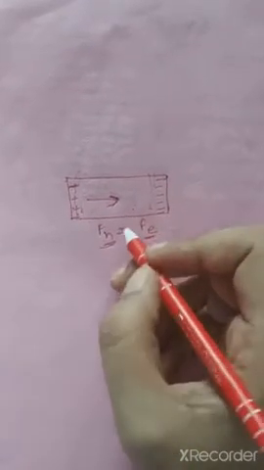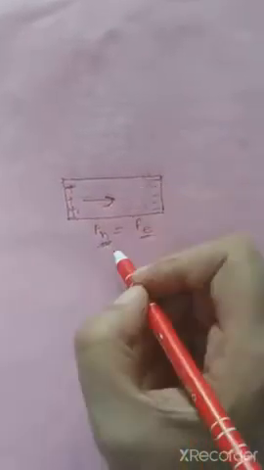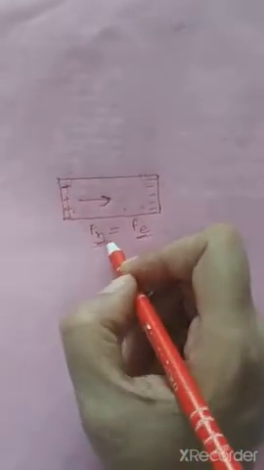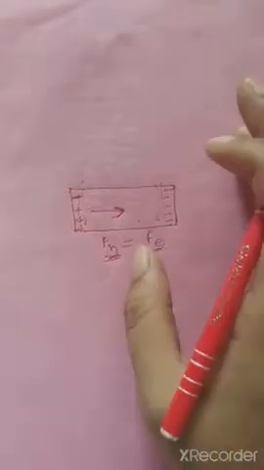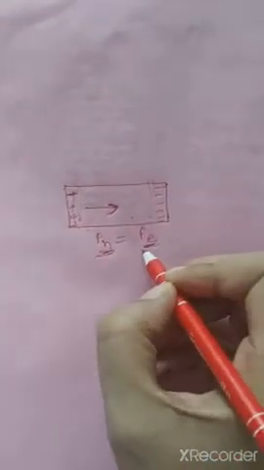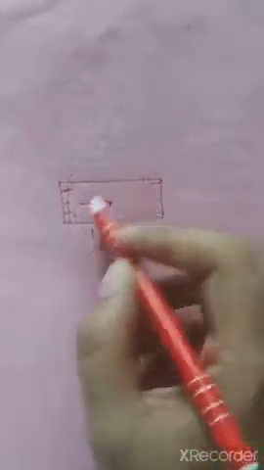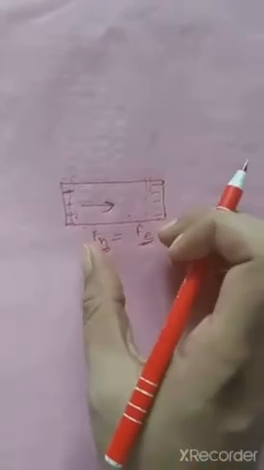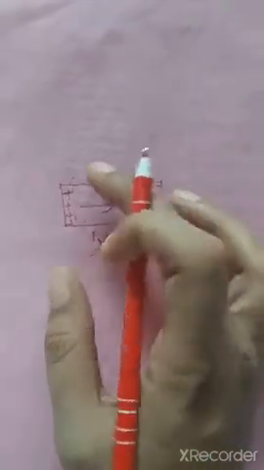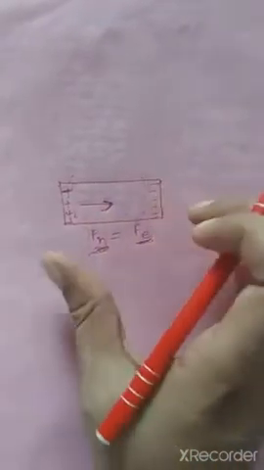So when the magnitudes of these two forces become equal, the accumulation of charges will stop. Is it clear? When the non-electric force and the electric force acting within the cell or battery become equal, the accumulation of charges stops.